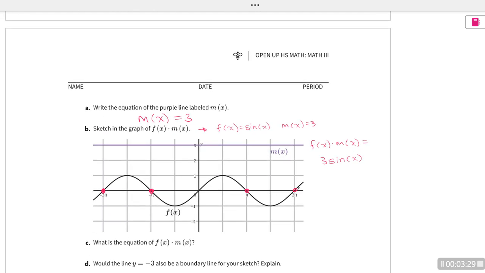I was just seeing if they gave us any more space. But all those maximum values of 1, those are going to become maximum values of 3. 1 times 3 is 3. So here we have the points 3 up here. I'll label it after. And all our minimum values of -1, those are going to go down to -3, which we don't quite have. It didn't really give us the space for it.